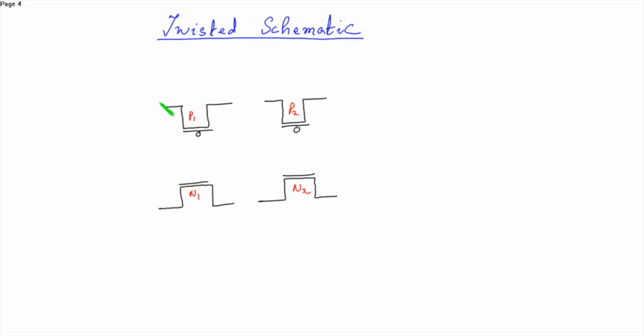This is the source, this is the drain, source, drain, source, drain. This is the source and this is the drain. So now you have to connect the select line. This is the select bar.